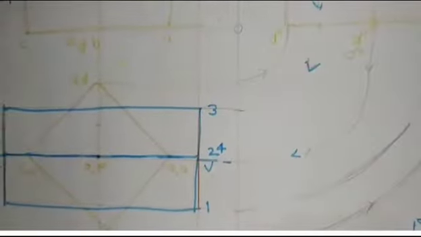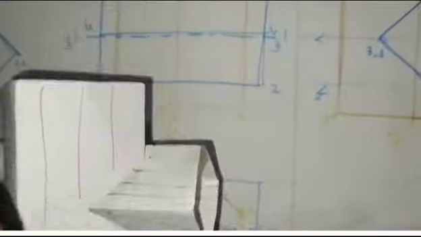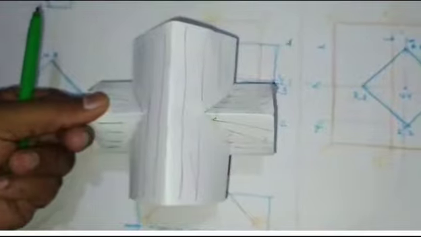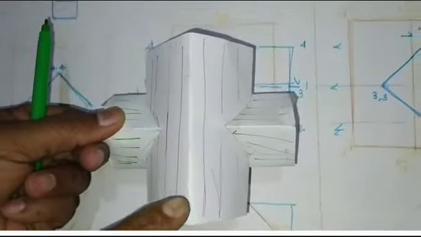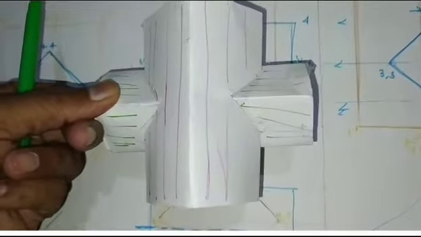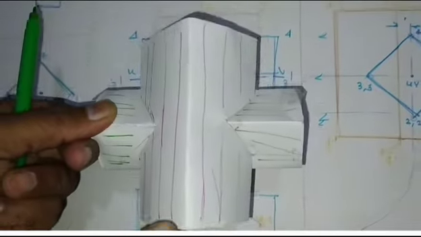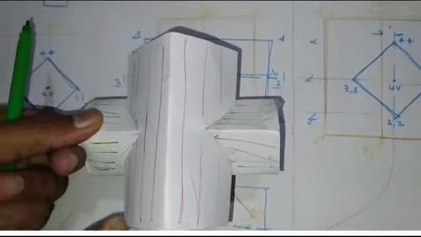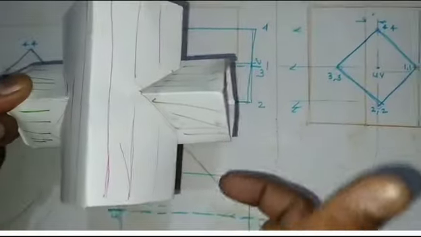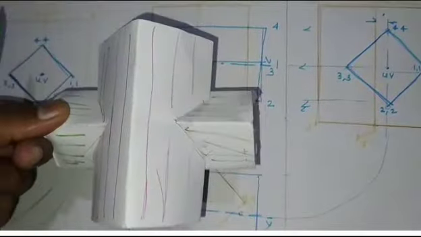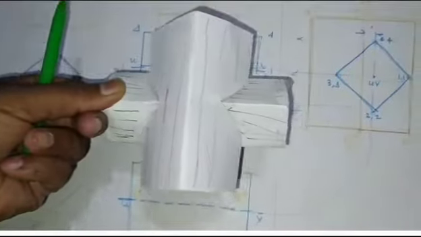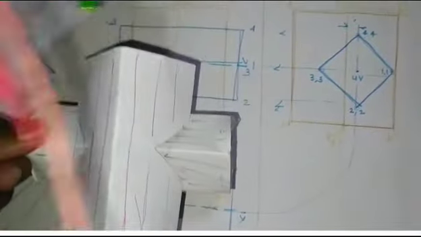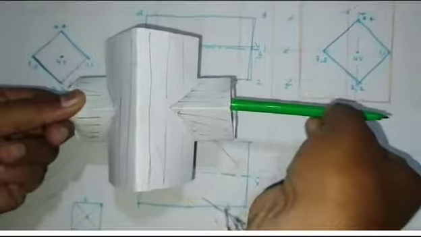Here I am showing the figure. This is the vertical solid. It is a square prism. We are discussing both solids as square prisms whose rectangular faces are equally inclined to the VP. These are the rectangular faces which are equally inclined to the vertical plane VP. Now this is the vertical axis and this is the horizontal axis.